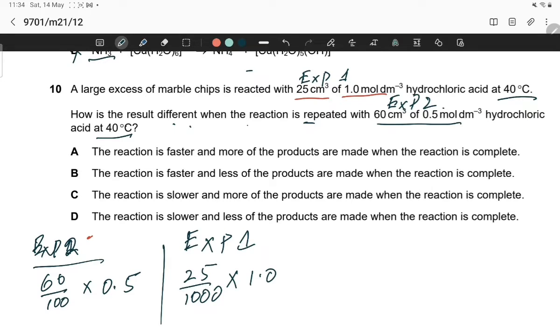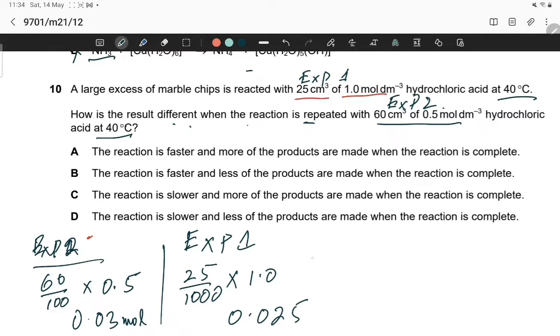So let's calculate. 60 divided by 1000 into 0.5 is equal to 0.03 mole, and 25 divided by 1000 is equal to 0.025.